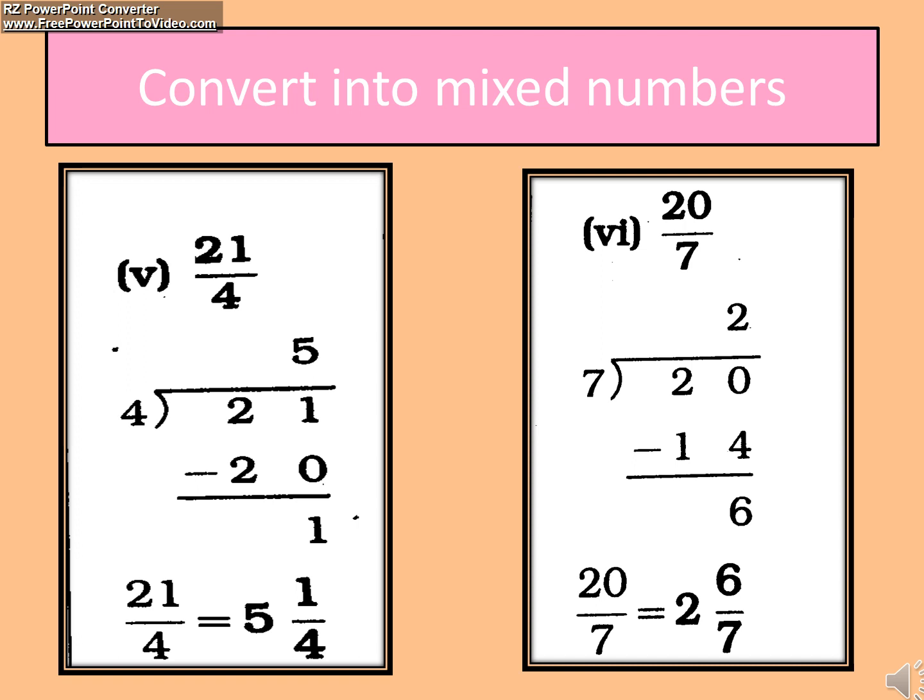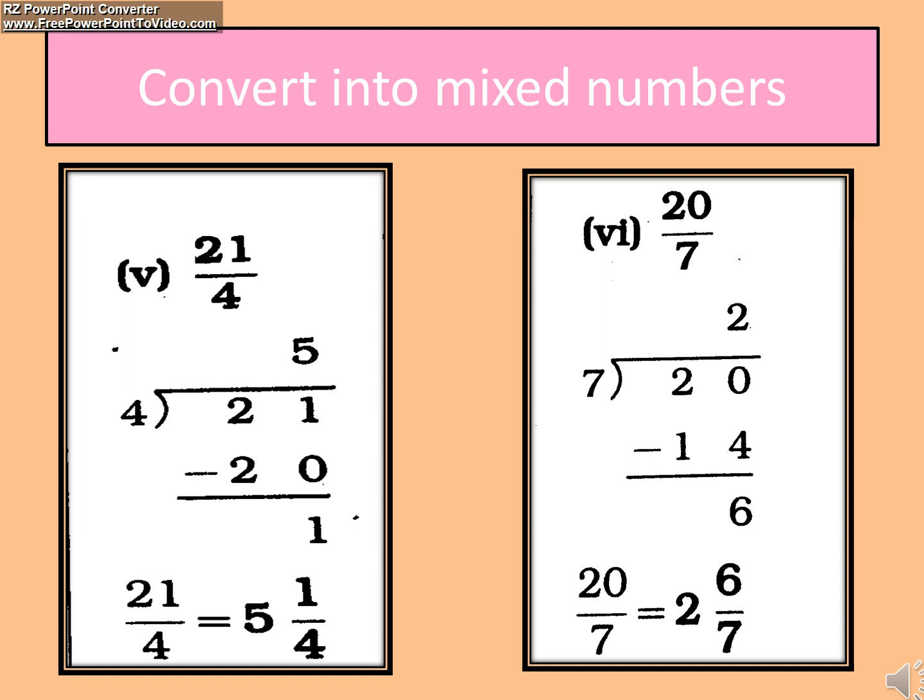No, 21 is bigger, so 7 twos are 14. So 20 minus 14, what will remain? 6. What will be the quotient? 7 twos are 14, so 2 will be your quotient. Yes or no? So now we have completed with division.